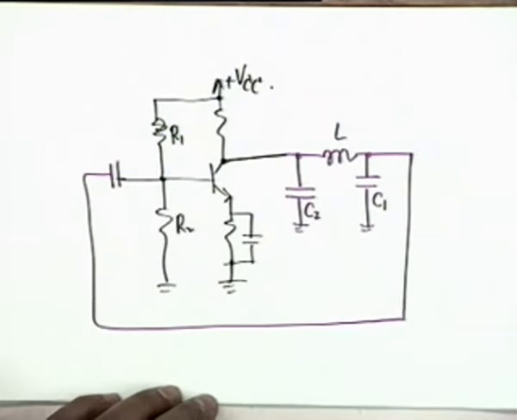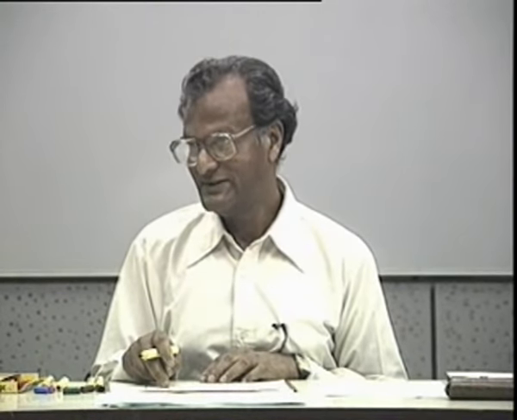Why was this resistance needed? To bias the transistor and also to provide the required, at what frequency? At the frequency of oscillation. Isn't that right?